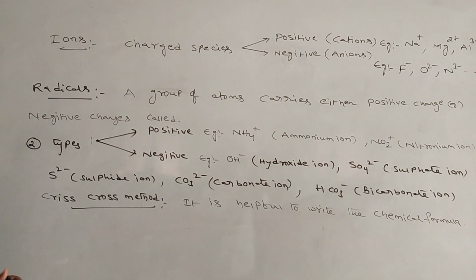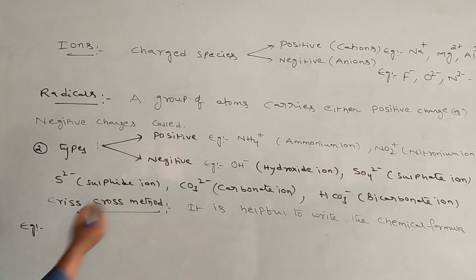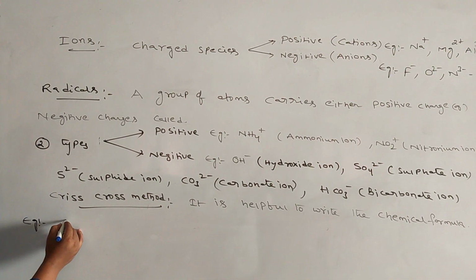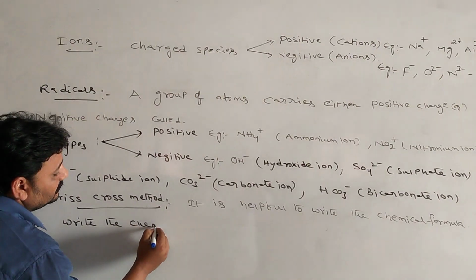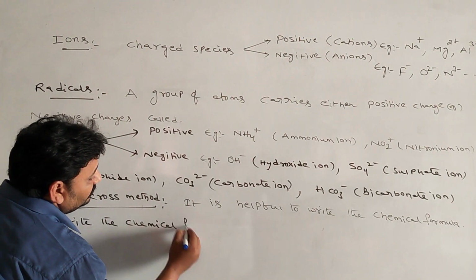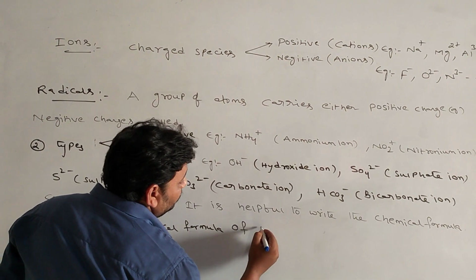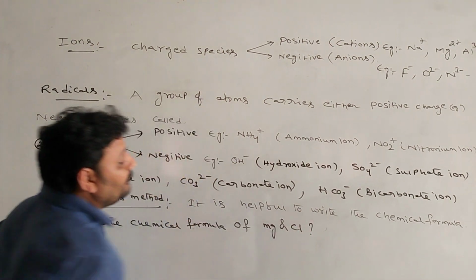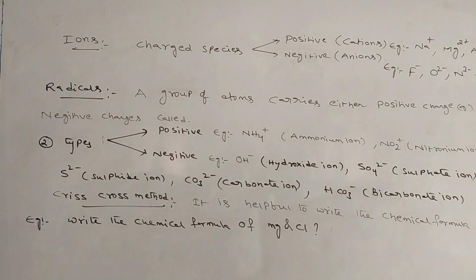For example, I will explain the chemical formulas. First one: write the chemical formula with reference to magnesium and chlorine combination.